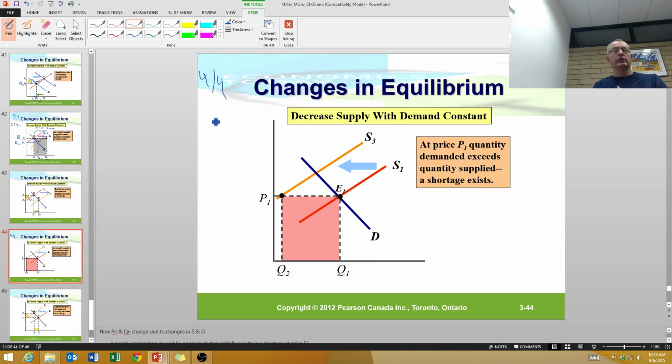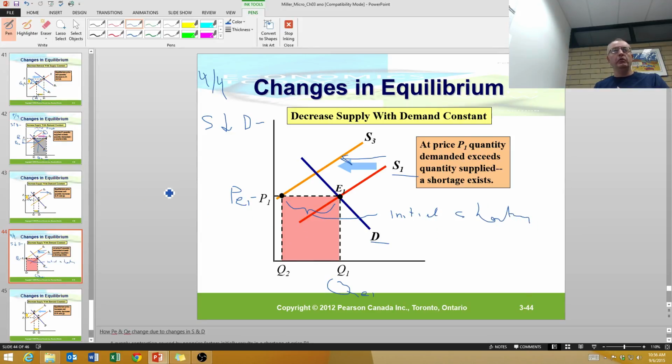So this is where supply decreases and demand stays constant. So here's our original supply curve, here's our original demand curve, here's our original equilibrium price, here's our original equilibrium quantity, QE1. And as the supply curve shifts left, at P1 we end up with an initial shortage.